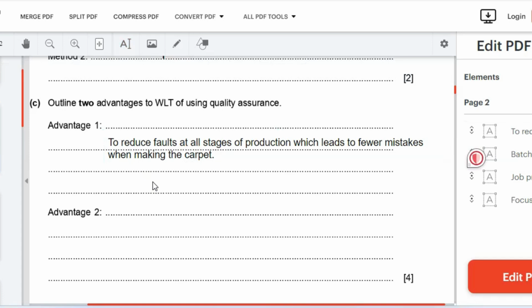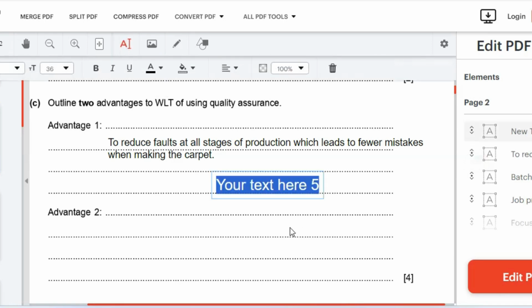Of course, we also have another advantage. We have fewer customer complaints. Let us try to put it here.